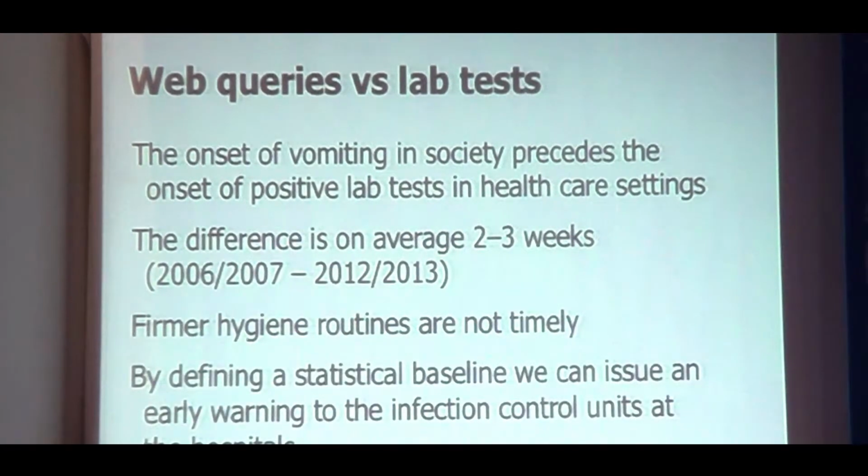So by defining a statistical threshold for the queries, we're able to issue an early warning to the healthcare sector and notify them that it's fairly likely that within 2 or 3 weeks you will have a spread in the hospital.